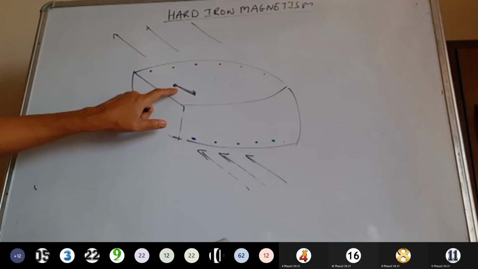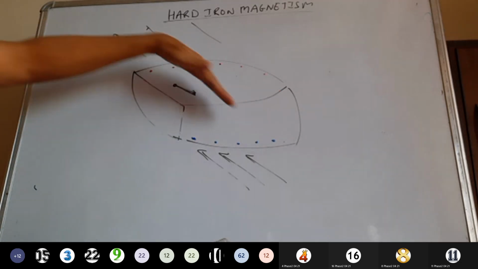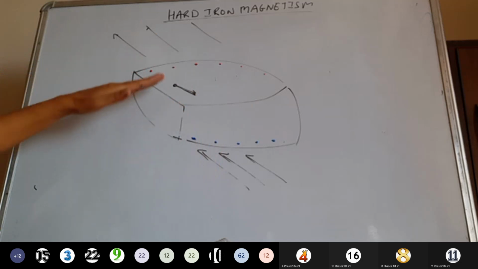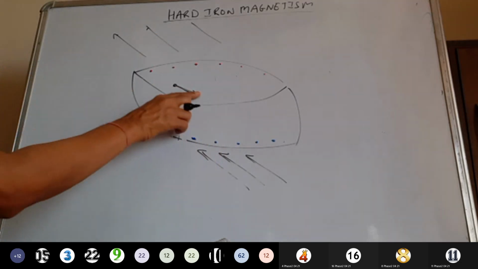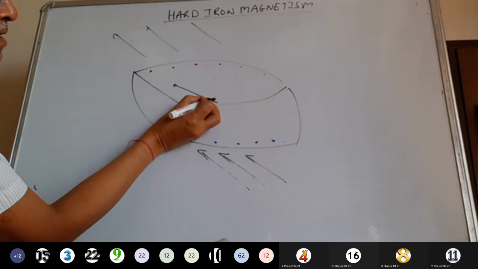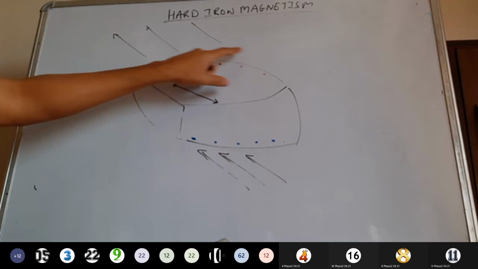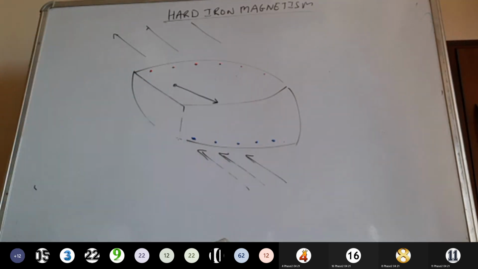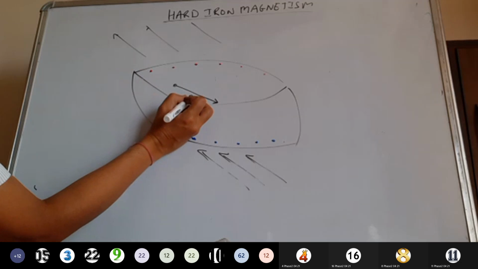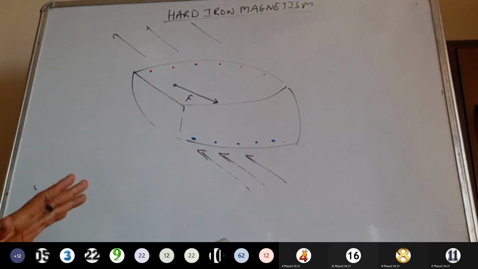Like many forces acting at the compass position, some in this direction, some in that direction, finally they will have a resultant. Let us say this is the final resultant which is acting at the compass position due to all these red poles and blue poles. Let us call this F. Actually, F is nothing like that; I have just named it for the sake of teaching.